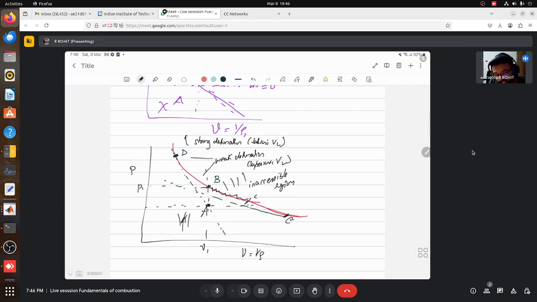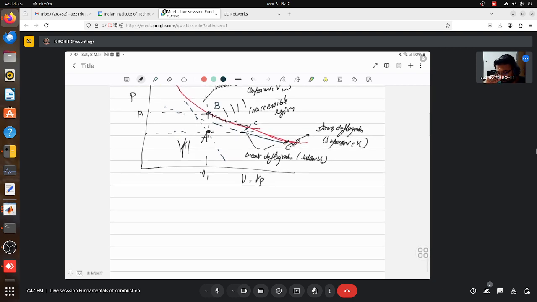Then from C to E you have weak deflagration, where you have subsonic V2, and above E you have strong deflagration, which can have a supersonic V2. So getting above E and above D is not practically possible because getting a supersonic V2 is a bit difficult.